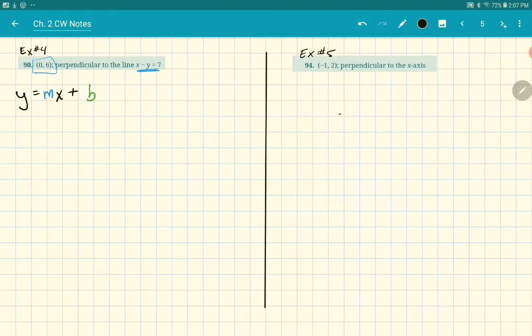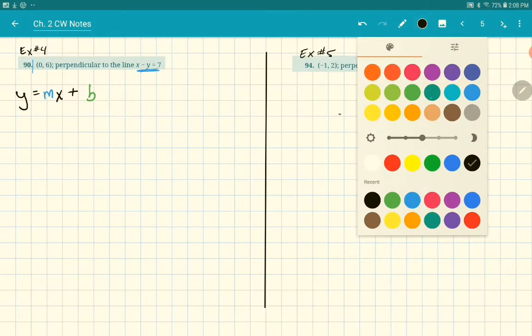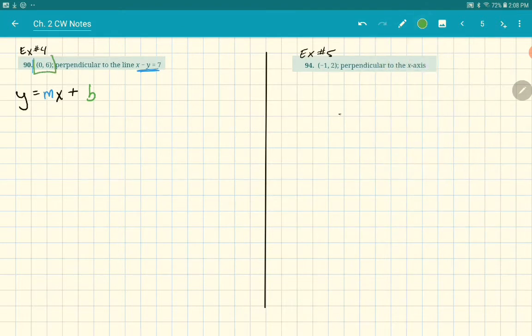I get my b by using the point on the line, and I get the slope by using this equation. That equation's not in slope-intercept form, so it's not immediately obvious what the slope is. So I'm going to put that into slope-intercept form by solving for y.